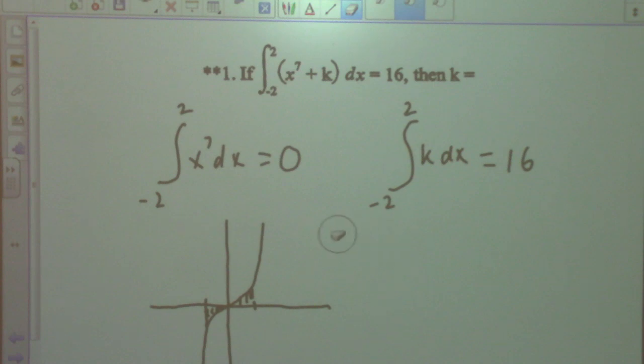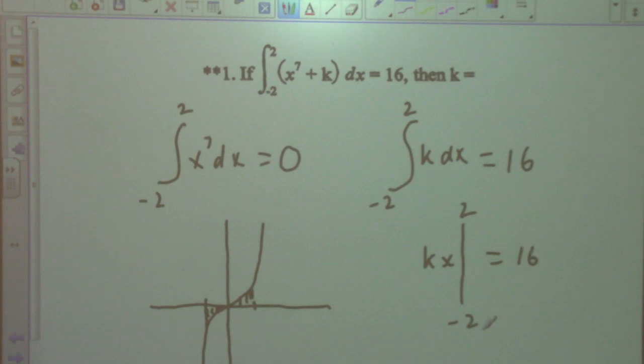But you can work this out more formally. You could say kx from -2 to 2 is equal to 16, right? And so you can just substitute in.